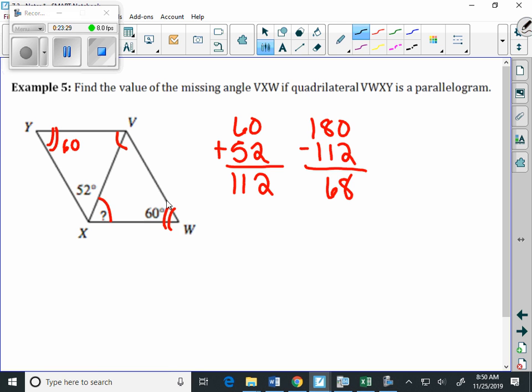And again, what we just found is this angle is 68. But the good news is once we find that angle, again, two parallel lines cut by a transversal. If 68 is up there at YVX, then 68 is also here at VXW, which is what we were looking for.